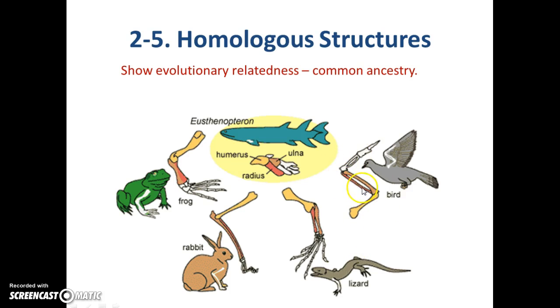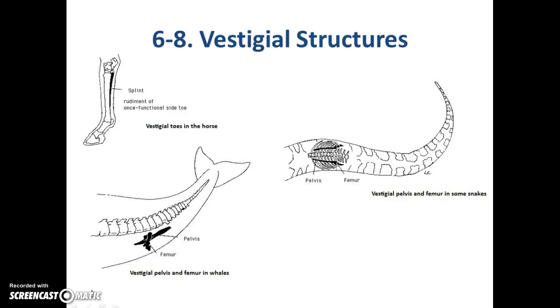So a bird wing is homologous to the front leg of a lizard, which is homologous to the front leg of a rabbit, and they all have slightly different structure because they use them differently. That shows that they came from the same evolutionary tree. That shows common ancestry. Another example of something that would show common ancestry is a vestigial structure.